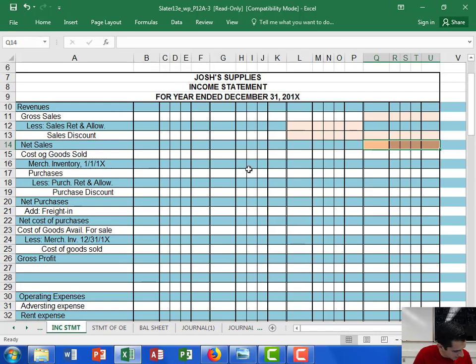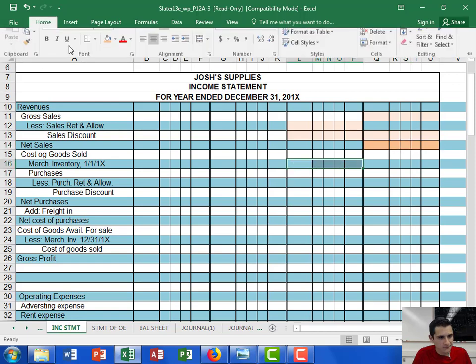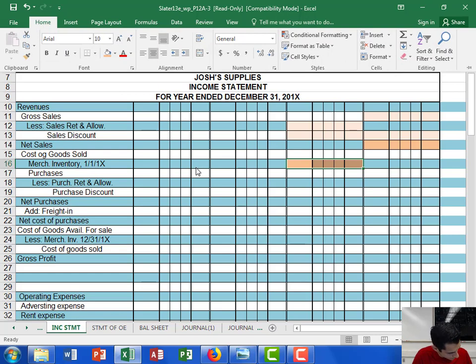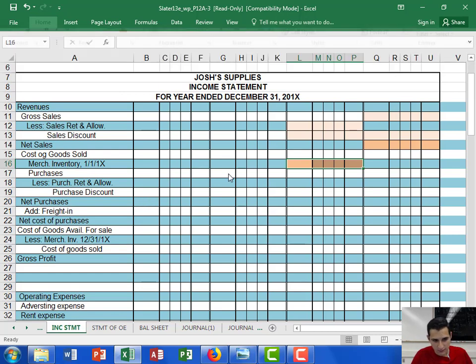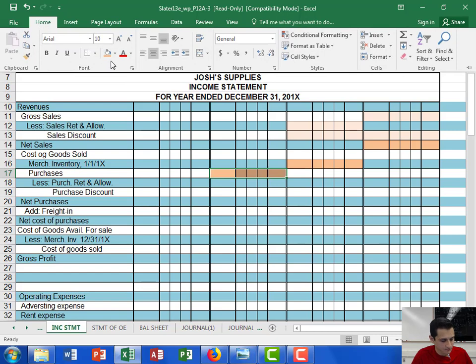And then your beginning inventory will be labeled right here. Okay, there's going to be some subtotaling that will go through here. Your purchases right there.